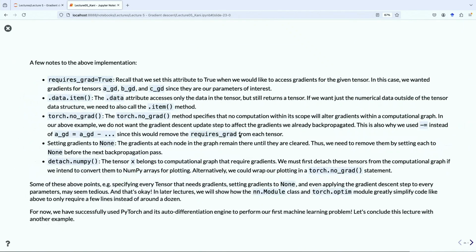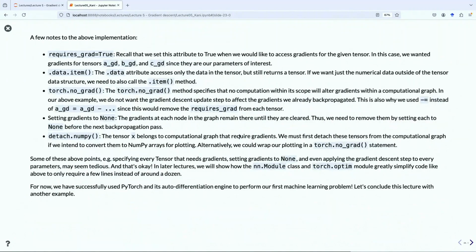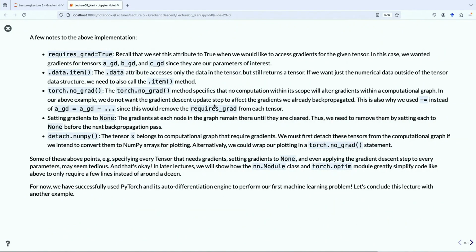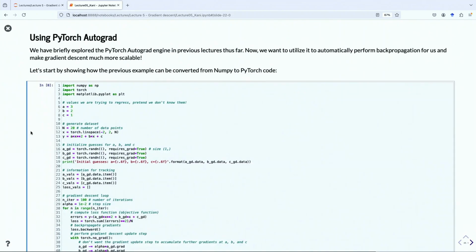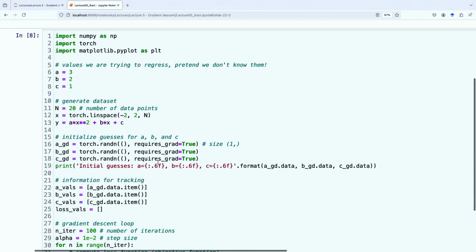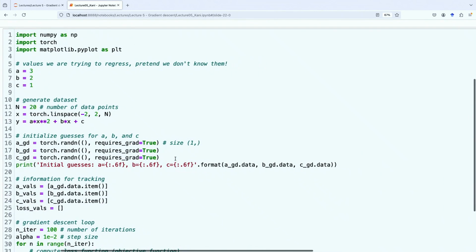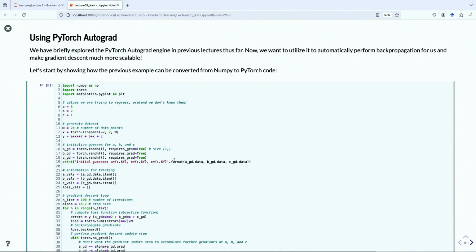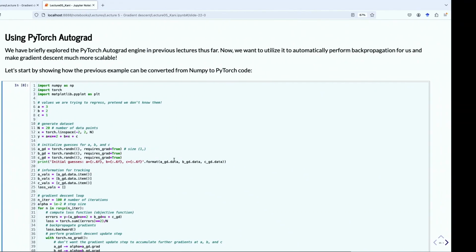Okay, just some points that we wanted to emphasize. You need to turn requires_grad on. So when we initialize A, B, and C, you need to make sure requires_grad is set to true so that the program knows, yes, these will need to have the gradient calculated.